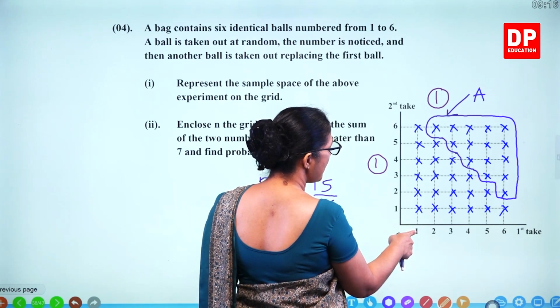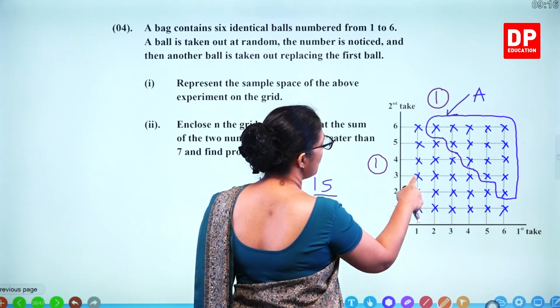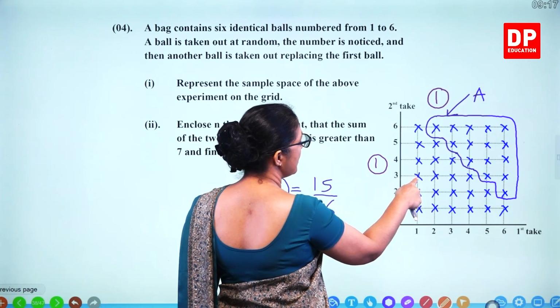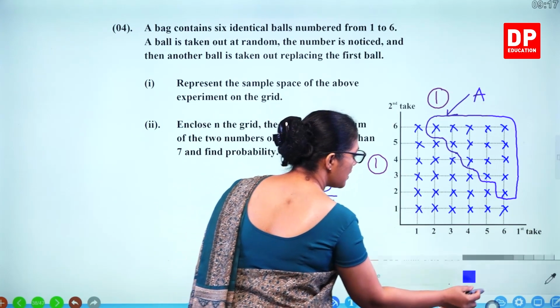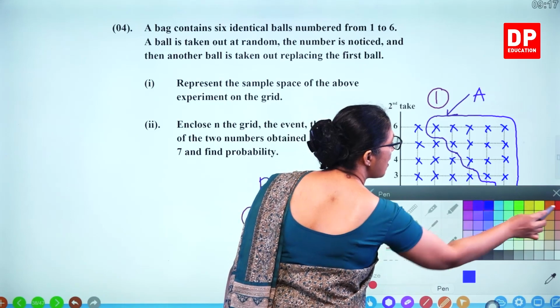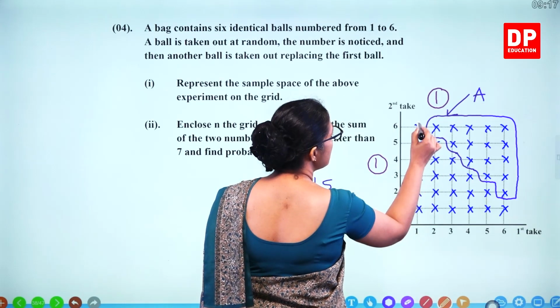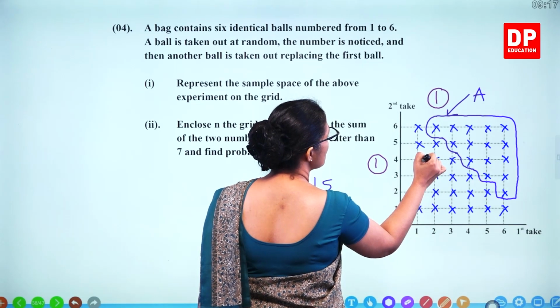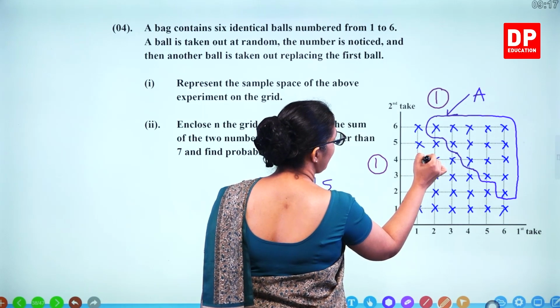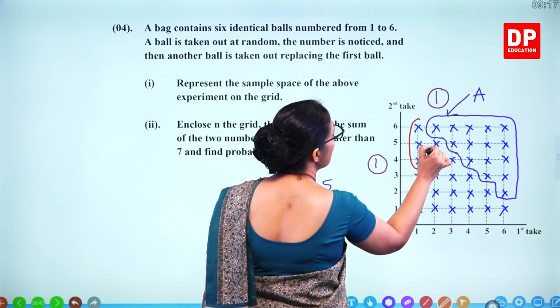If you take this one as 1, up to this point there are 3. So these 3 possibilities are there. So I'll mark in red. These 3 are okay.